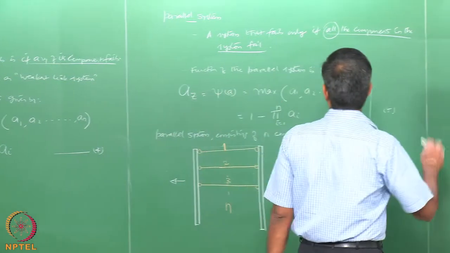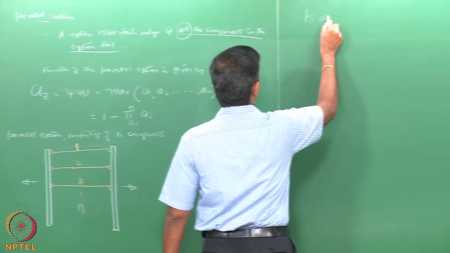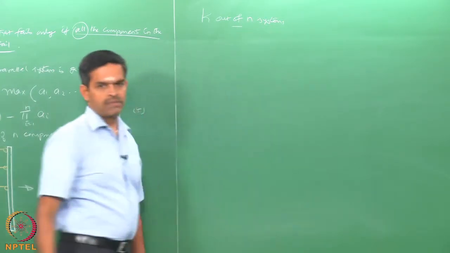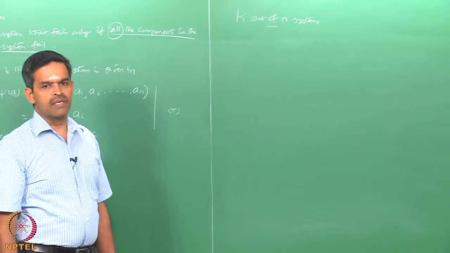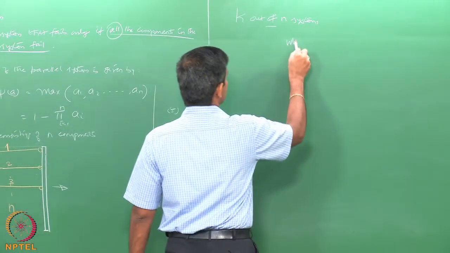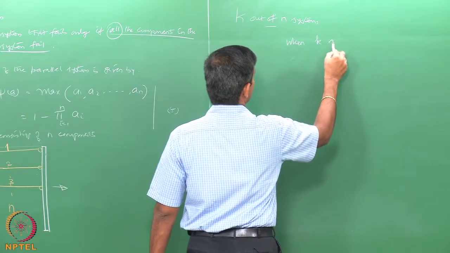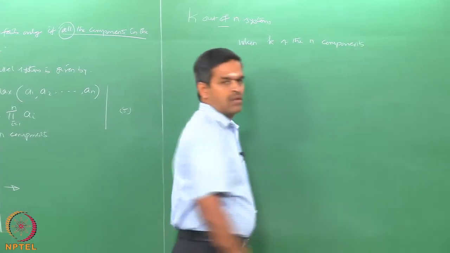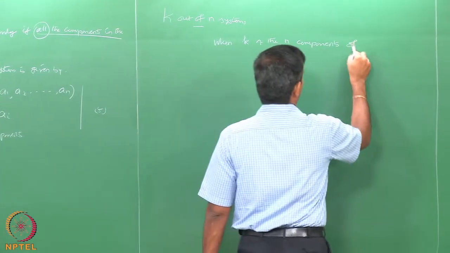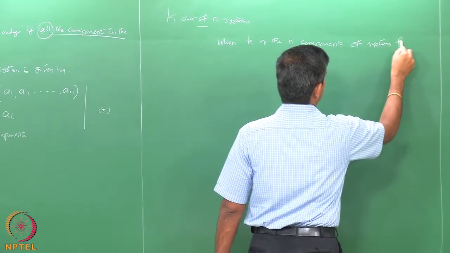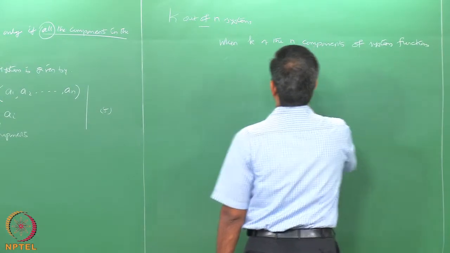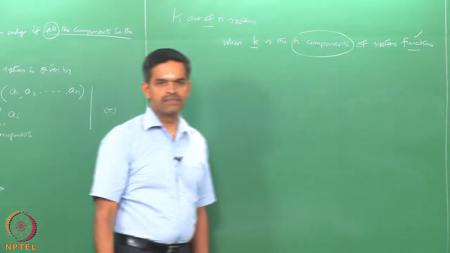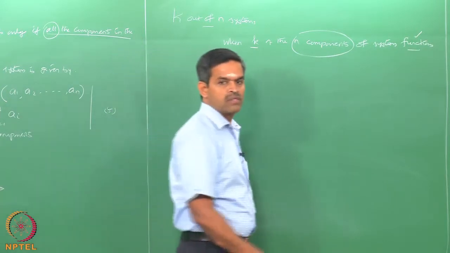Now, one can also look at k out of n systems. This is another way of looking at it. What does it mean? If k of the n components of a system function, then it is called a k out of n system.